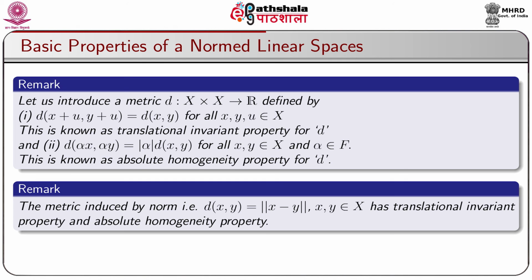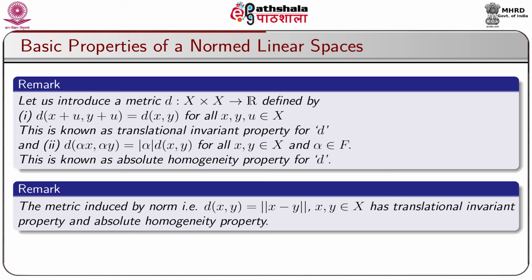Let us introduce a metric d from X cross X to R defined by d of x plus u, y plus u is equal to d of x, y for all x, y belonging to X. This is known as the translational invariance property for a metric d.